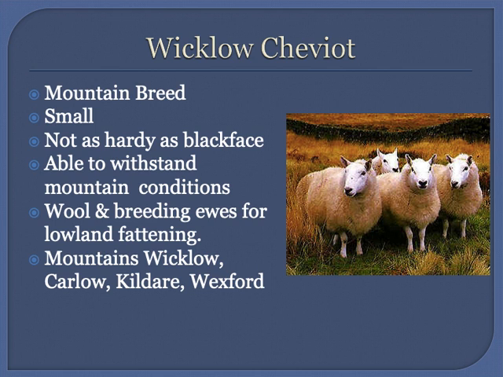It is able to withstand the mountain conditions. Again, you're looking at wool production there and breeding ewes for the lowland farms as well. Again, the ewes are good mothers here as well, so they're often used in a cross on lowland farms to introduce that trait of good mothering ability.